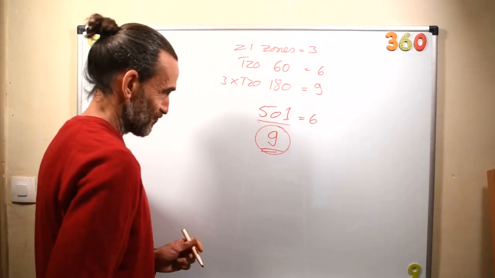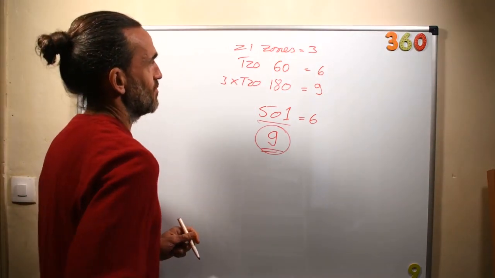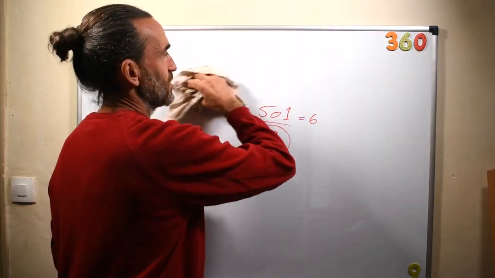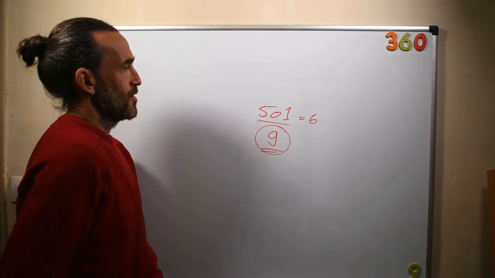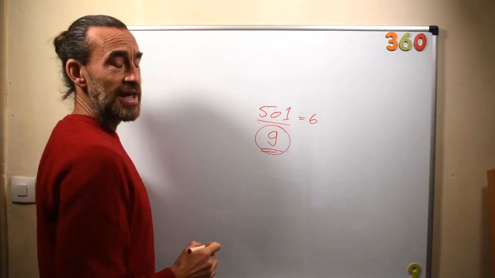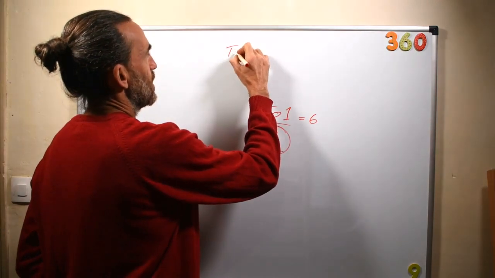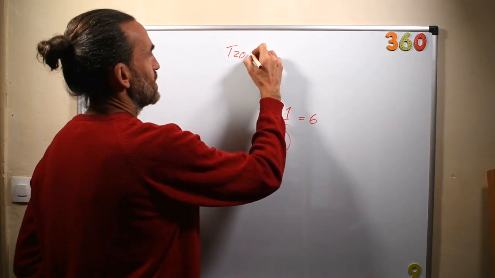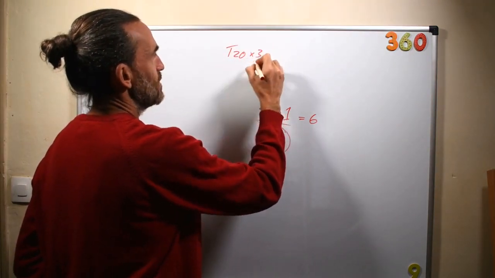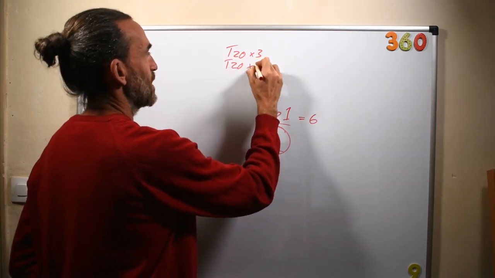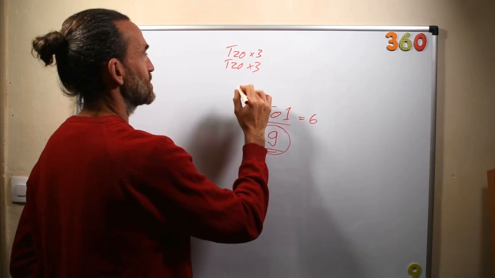Normally, let's get rid of that. So normally the way to do a 9 dart finish is triple 20 times 3 on your first set of darts, and triple 20 times 3 with your second 3 darts.